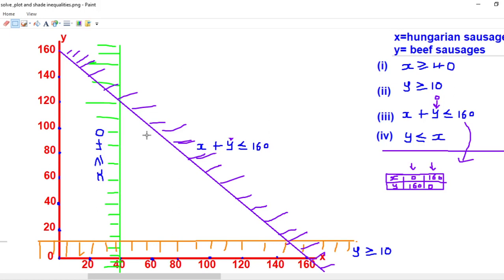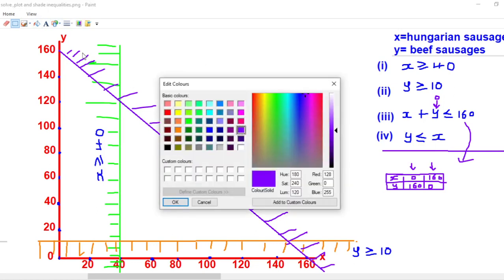Now do we have another inequality? Let's check. We have one remaining, where y is less than or equal to x. We know that for every value of x we have, that value is what the value of y is going to be. So for this inequality, if we try to draw a box to find the values, let's just do this.